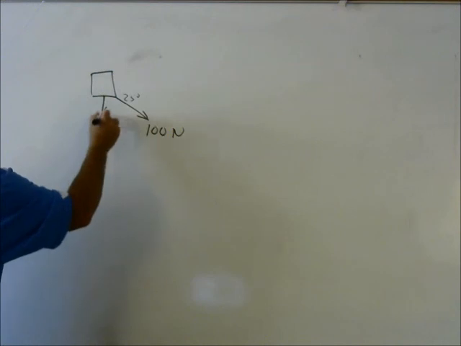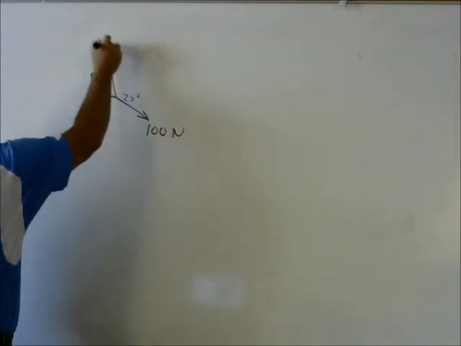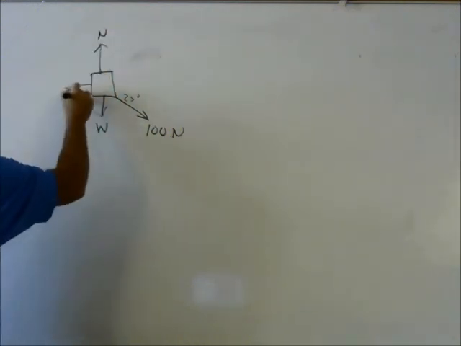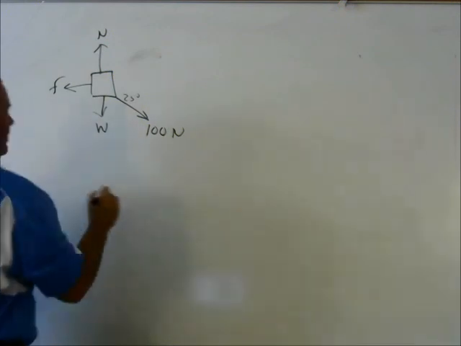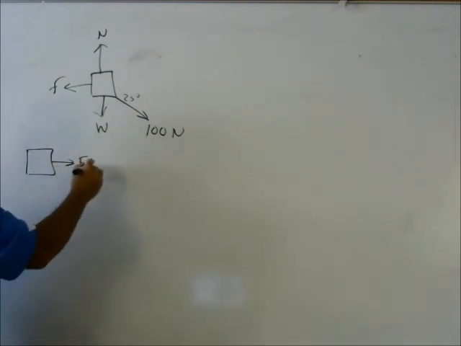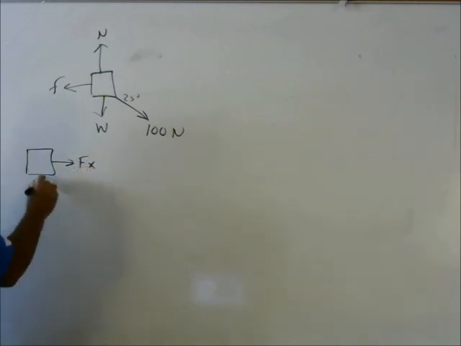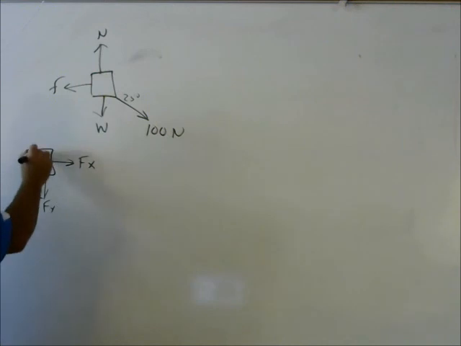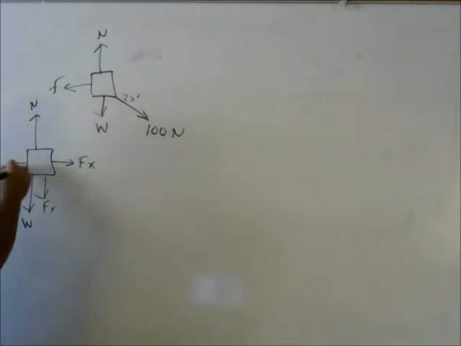And here I'll still have weight, I'll have normal force, I'll have some friction. Right? And by the same token, my Fy will be down, my weight will be down, my normal will be up, and I'll still have that frictional force.